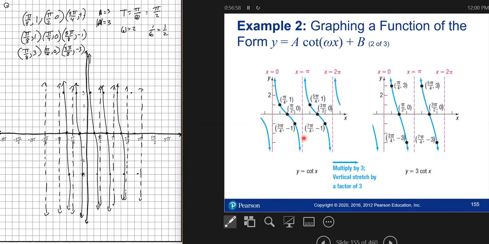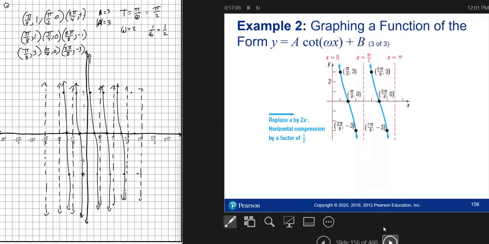And so they stretched those points out away from the x-axis. And then the next one, they're going to compress it by multiplying by a factor of 1/2. So now everything, you can't see me do this, everything got squeezed in towards the y-axis. So when you have a horizontal compression, everything gets pushed towards the y-axis.